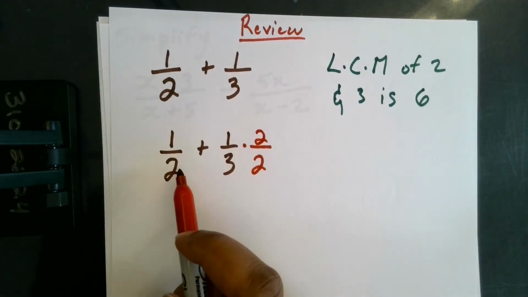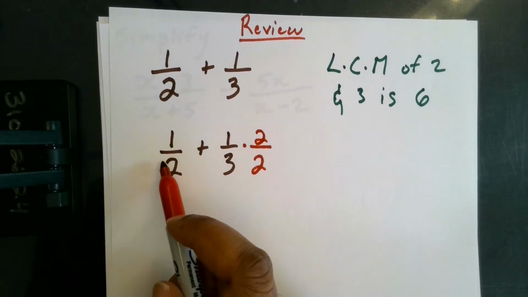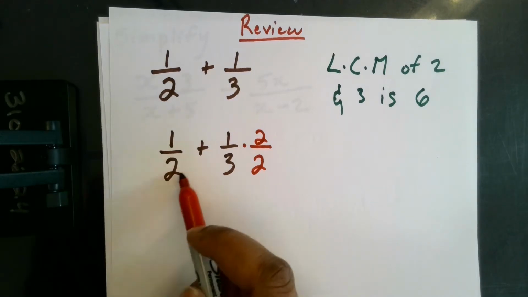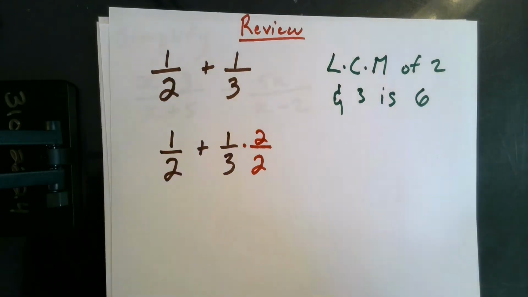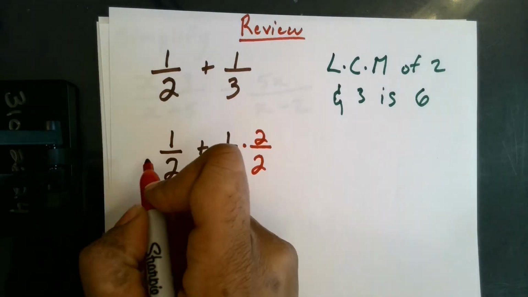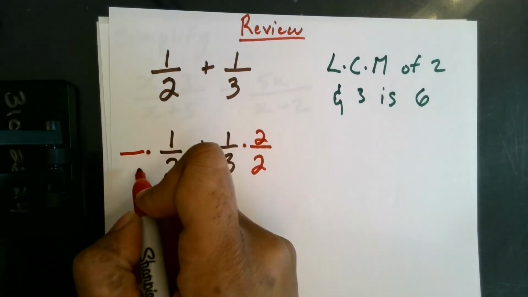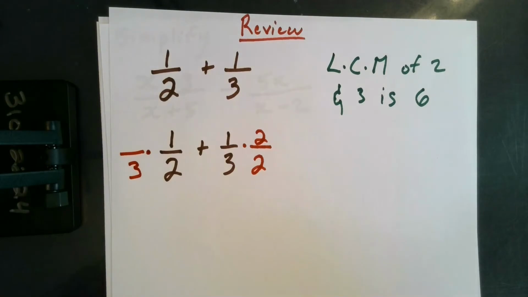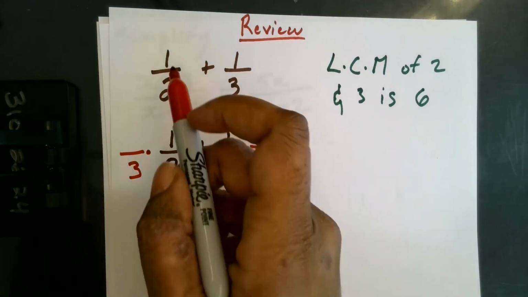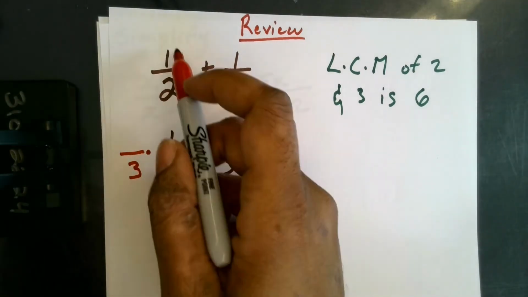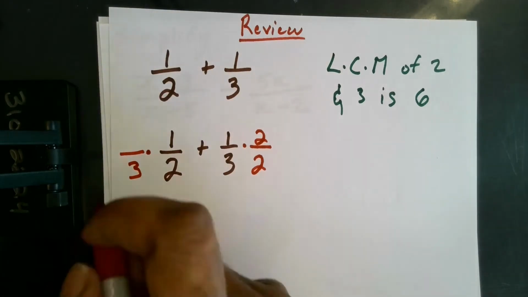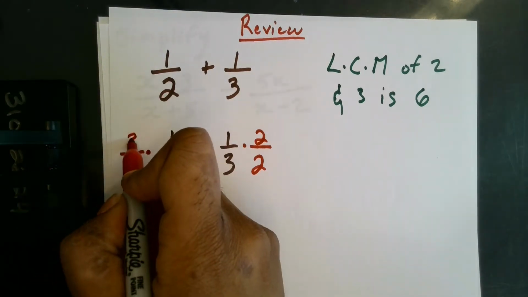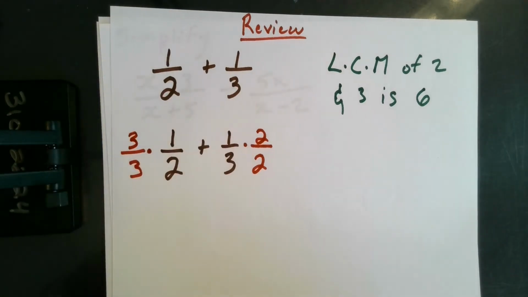Now, what do I need to multiply 2 by to get 6? 3. Yes. Now, to keep the value of this fraction, I need to multiply the top by 3. Okay. All right.